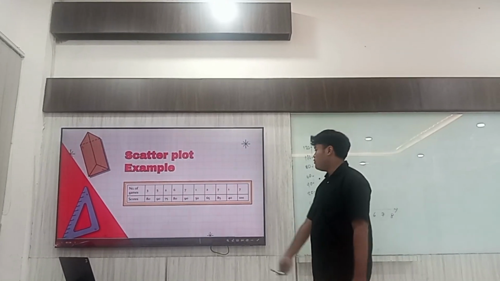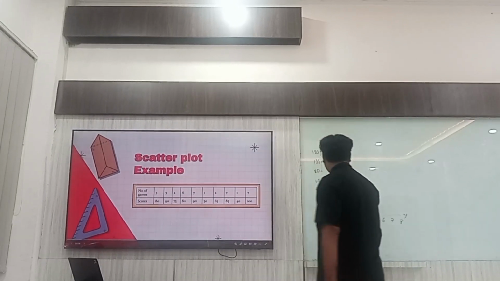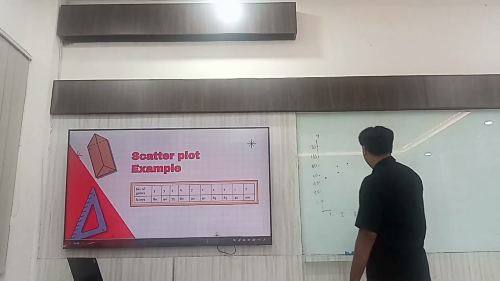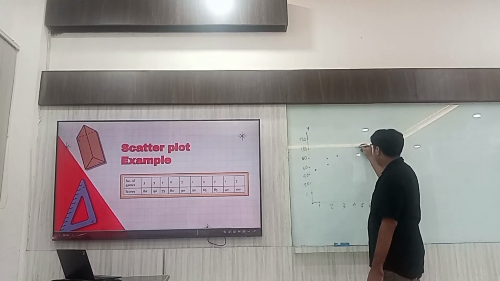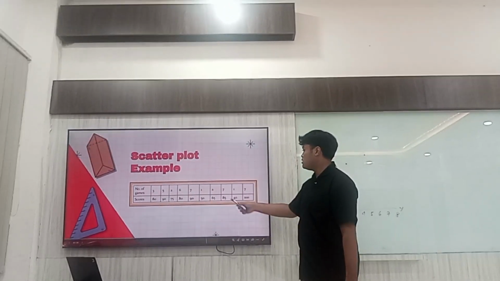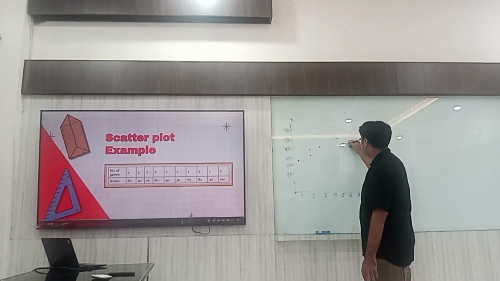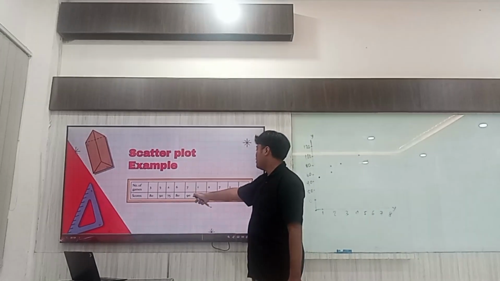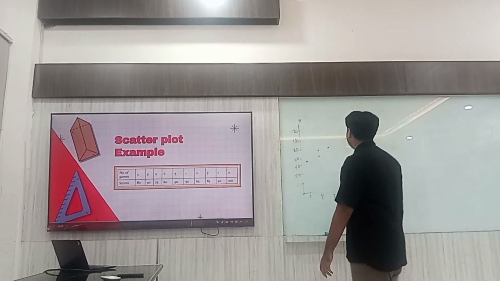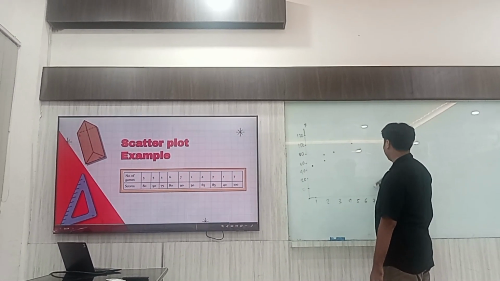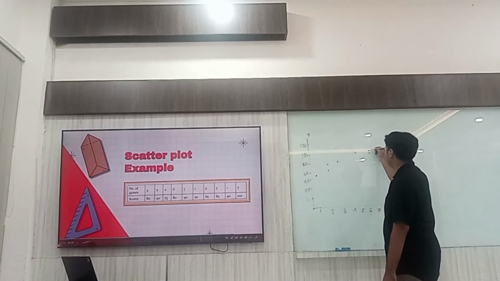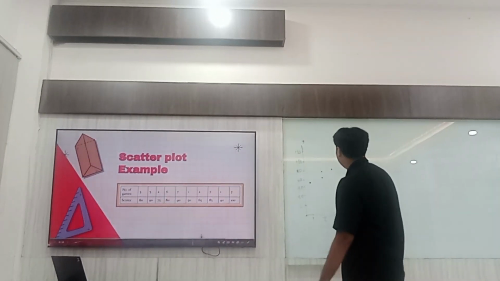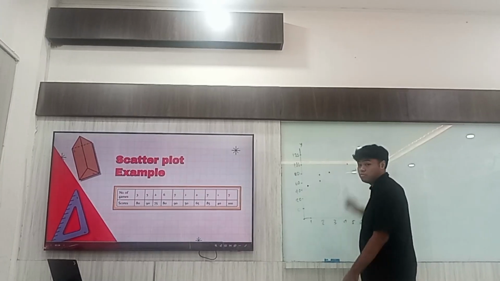Then the sixth time we get 80, and the seventh we get 100. So we can identify the graph like this. This correlation is positive.